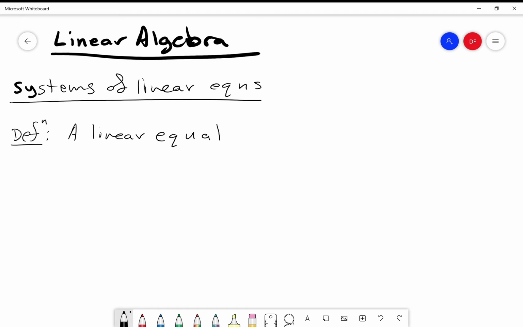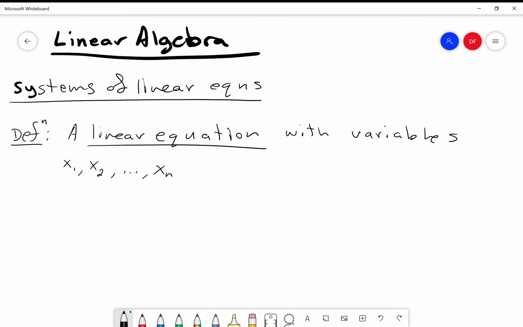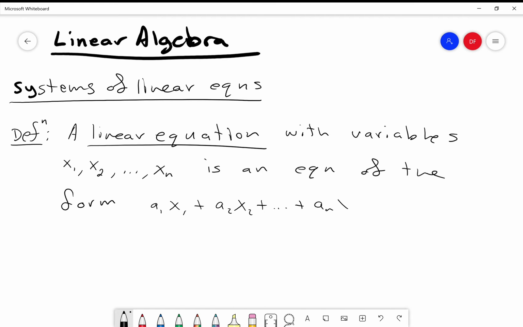A linear equation with variables x1, x2, x sub n is an equation of the form a1 x1 plus a2 x2 plus ... plus an xn equals some value b, let's say.